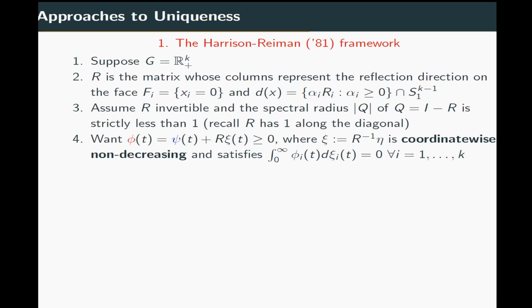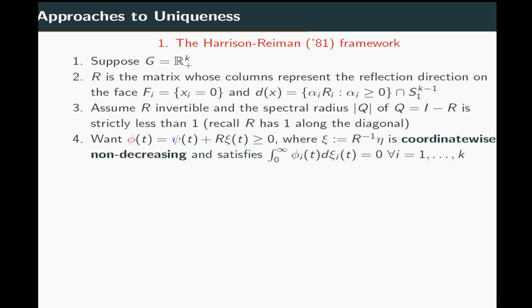So R is this matrix whose columns represent the reflection directions. You assume R is invertible, and the spectral radius of Q equals I minus R. I made a normalization earlier, to remind you, that the diagonal of R is all 1, so Q actually has zeros on the diagonal. It's without loss of generality. With that normalization, you assume that the spectral radius of the absolute value of Q, by that I mean coordinate-wise, is less than 1.